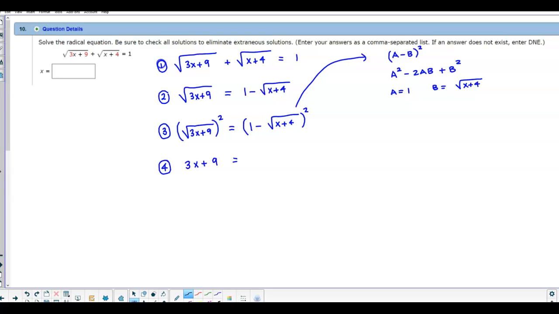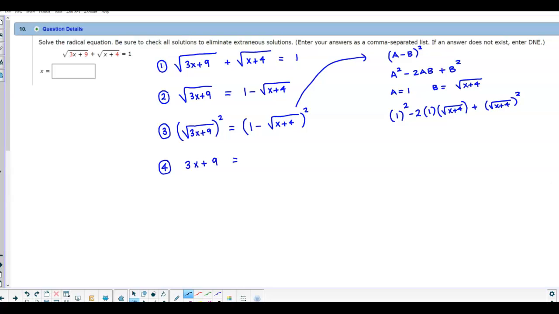So now we're going to plug those into the perfect square trinomial. So the value of a is 1, and we're going to square that, minus 2 times the value of a, which is 1, times the value of b, which is the square root of x plus 4, plus we're going to take the value of b, the square root of x plus 4, and square that.